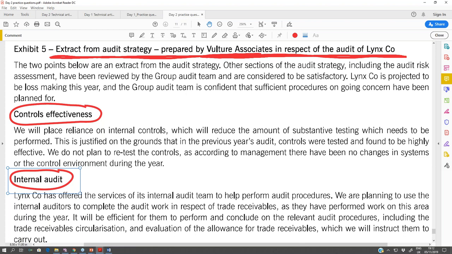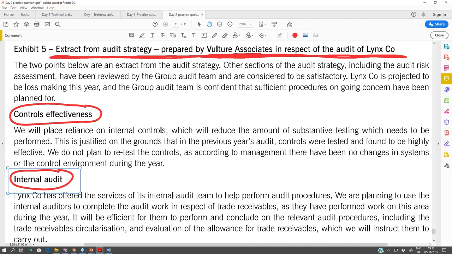Apart from the two areas which have been given to us, let's see what the issues are with control effectiveness and internal audit. I'm reading control effectiveness: we will place reliance on internal control, which will reduce the amount of substantive testing which needs to be performed.